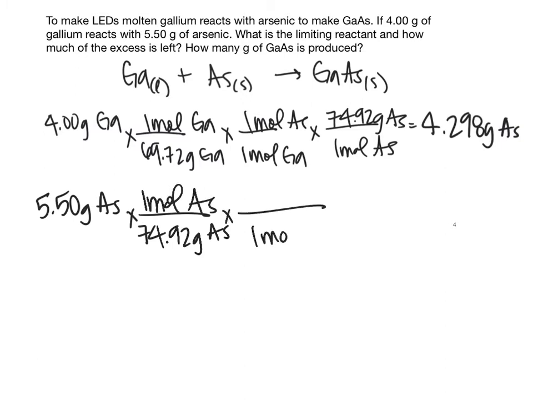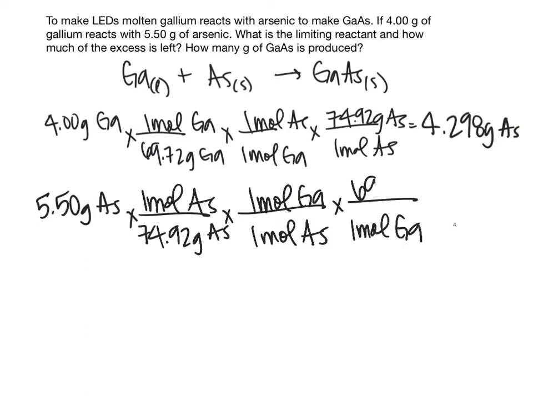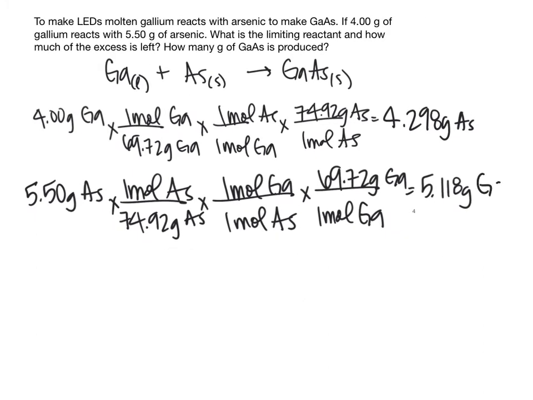And 1 mole of arsenic interacts with 1 mole of gallium. And 1 mole of gallium, that's 69.72 grams of gallium. And so that gets you 5.118 grams of gallium.